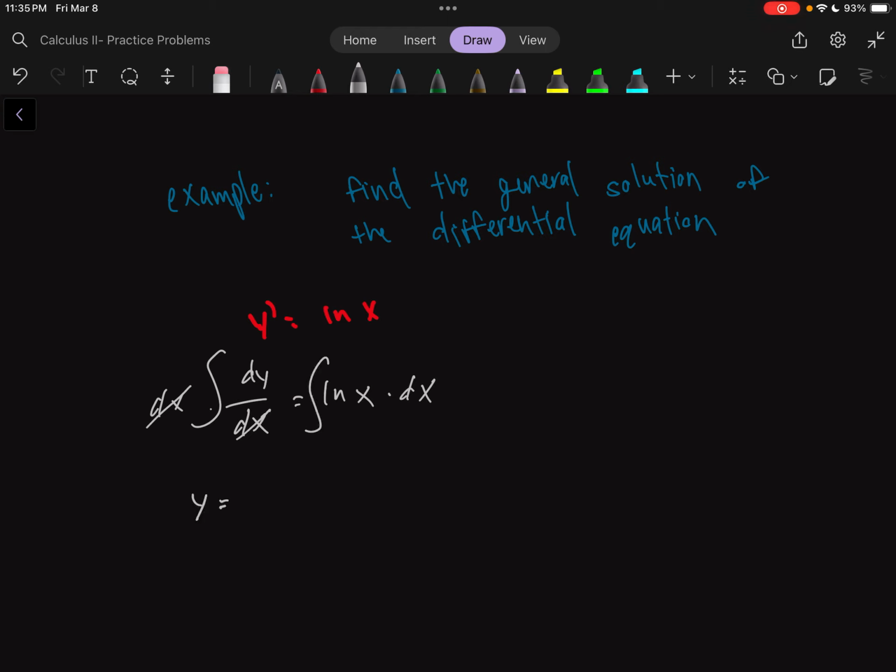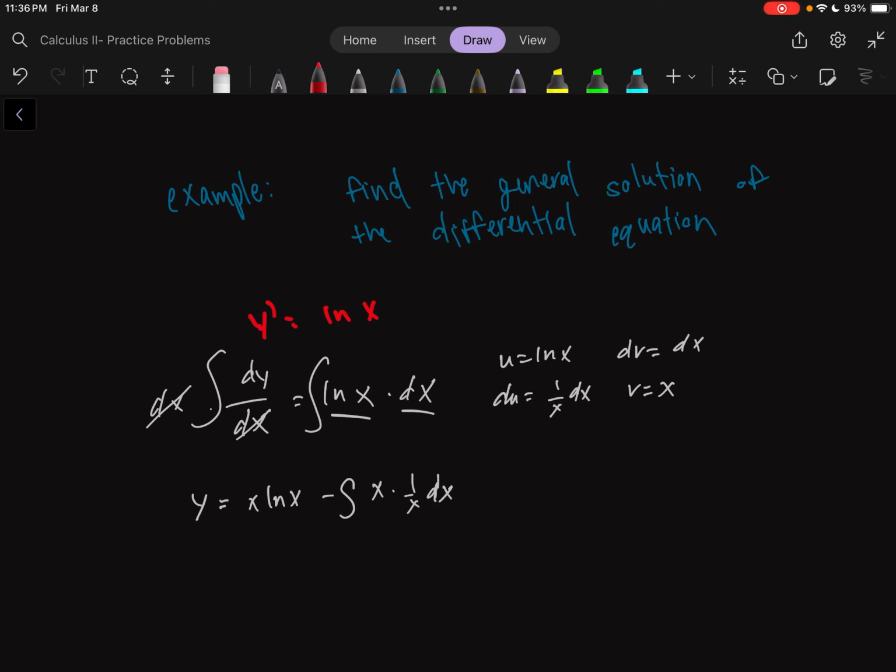So y equals, let's see, we're going to call this u and this dv. So u is equal to ln x, du is equal to 1 over x dx, dv is equal to dx, and v is equal to x. So this integral turns into uv, which is x ln x, minus the integral of v du, which is x times 1 over x dx.